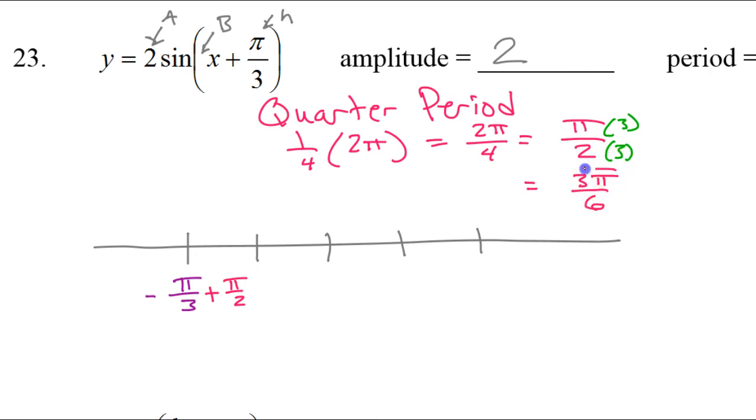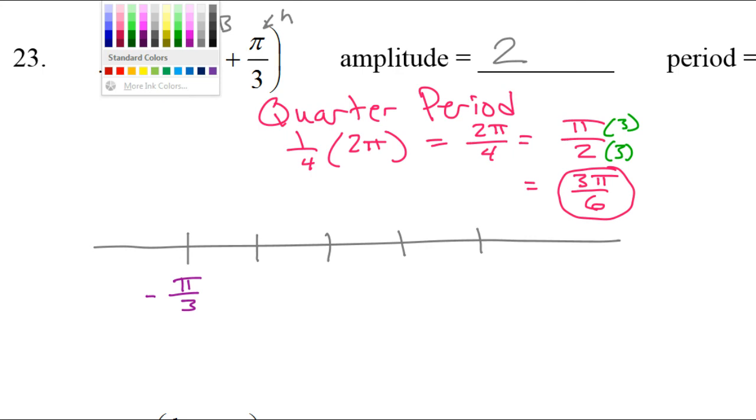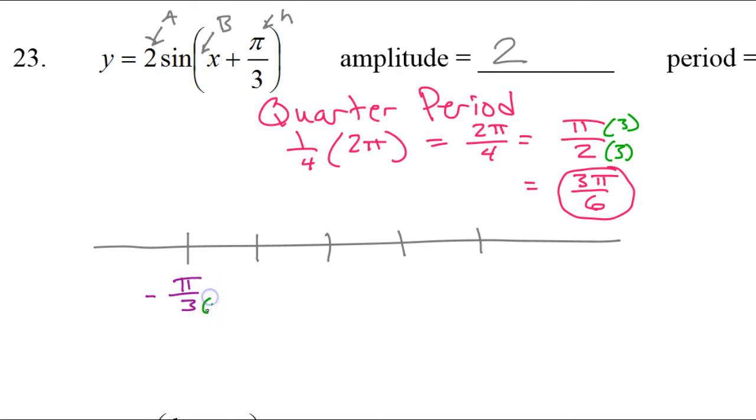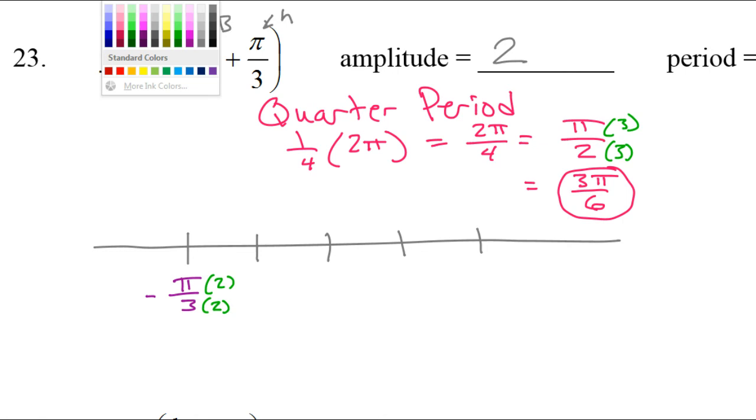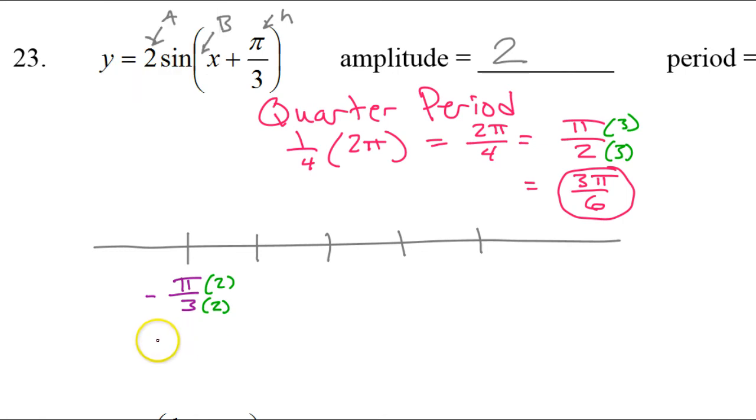So this is a new way of thinking of the 1/4 period that I'm going to add each time. Okay, looking at the negative pi over 3, I would multiply this by 2. And that's going to give me negative 2 pi over 6.